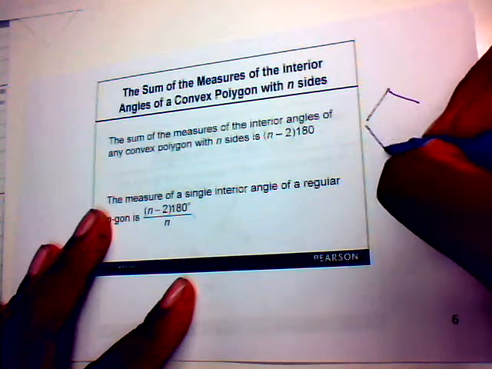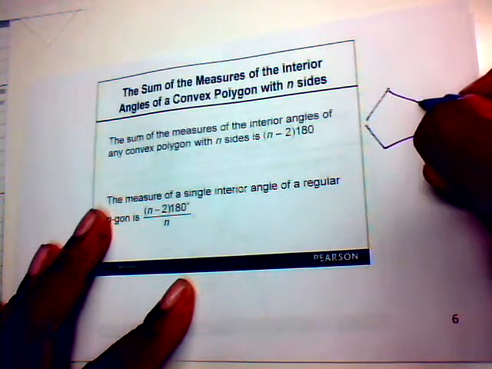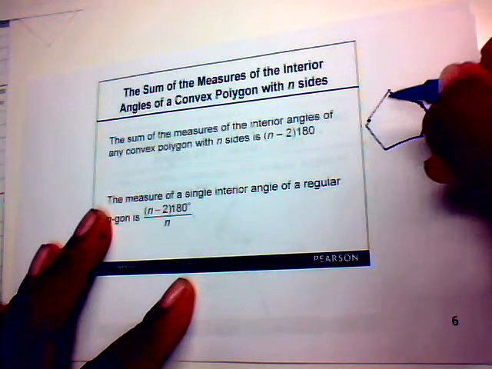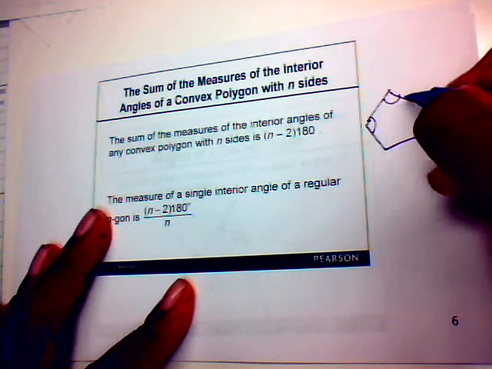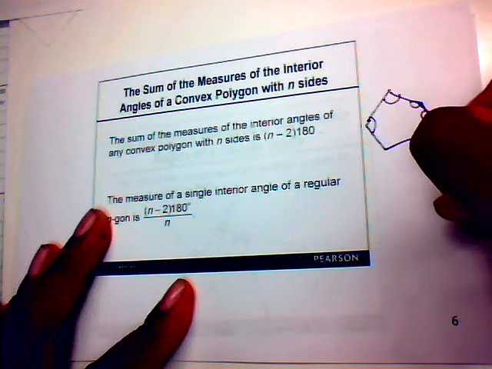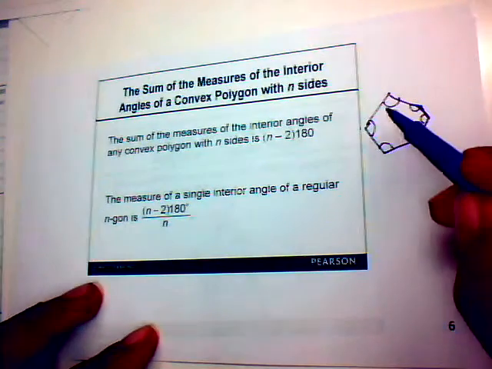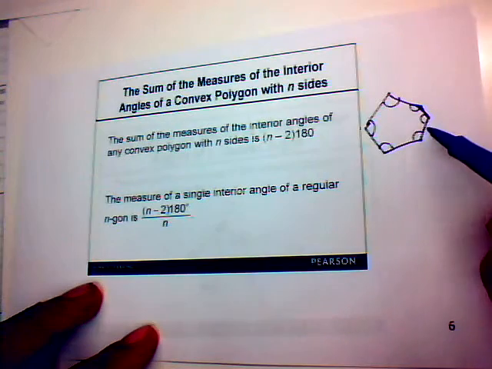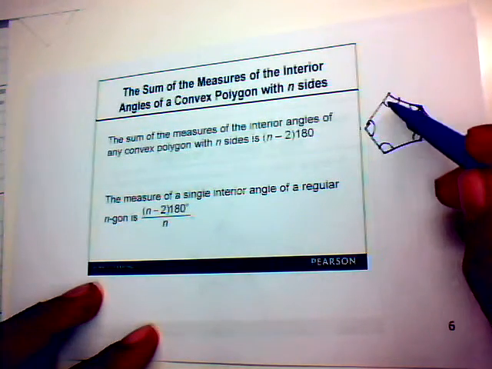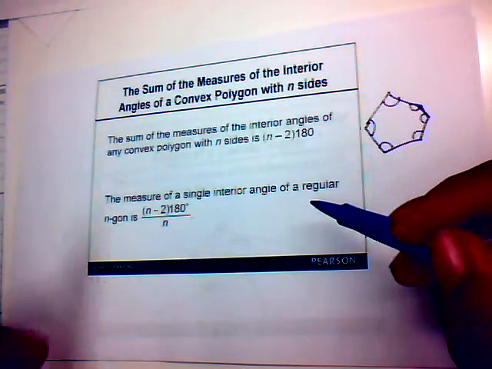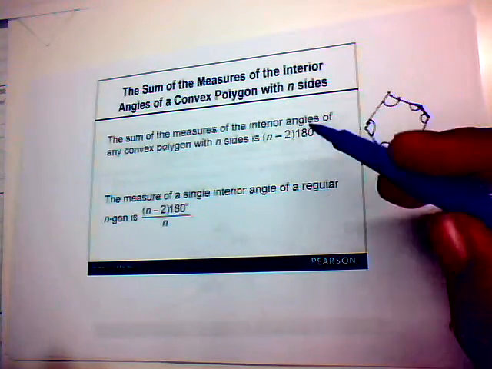Let's say we have a convex polygon that looks like this. Not the best. These are your interior angles here. If I want to find the sum of the measures of those interior angles inside this polygon, I would use that formula, n minus 2. N is the number of sides.